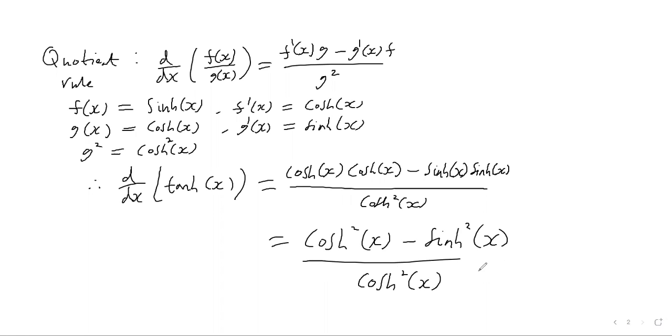Okay, so at the top of the fraction, we can simplify because we've actually got an identity, the hyperbolic trig identity that we can use. So when you do hyperbolic cos squared, take away hyperbolic sine squared, you just get 1.